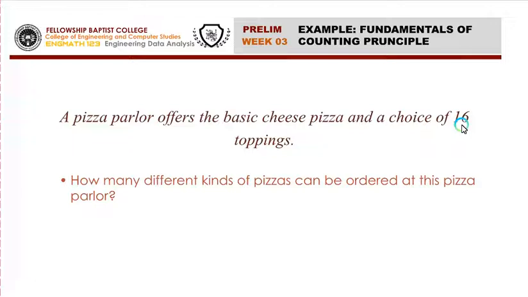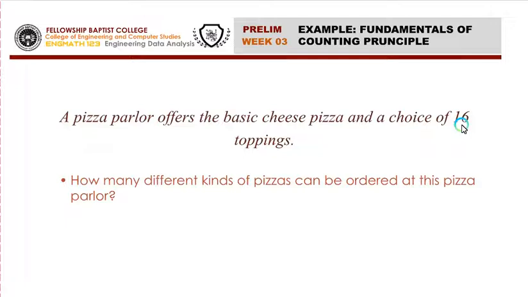Consider that you can order 16 toppings, 15 toppings, 14 toppings. So how many different kinds of pizza can we order in all? We need to solve for the number of possible subsets of the 16 possible toppings of the pizza.